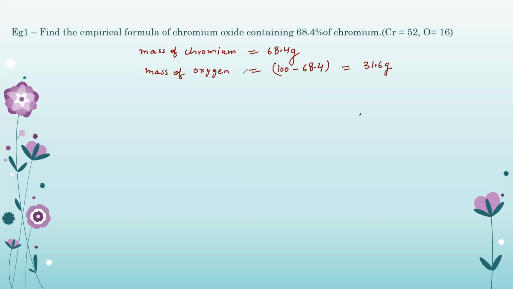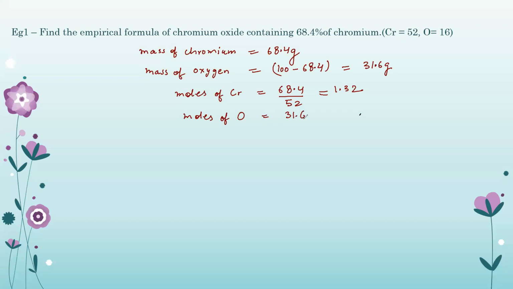So now you have the mass of chromium and mass of oxygen. Now what you need to do? You need to find the moles. So let us find the moles. Moles of chromium, 68.4 divided by 52, which will come out to be 1.32. And moles of oxygen, what is the mass of oxygen given? 16.